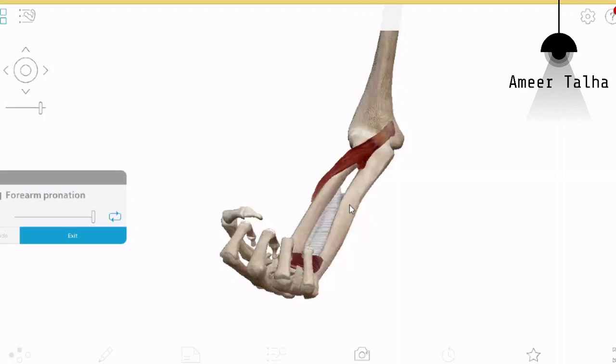And similarly, the ulna, which is the medial bone of the forearm, is homologous to the fibula of the leg, which is the lateral one. इसकी वजह जो इनकी positional change थी, that was the embryological rotation. Upper limb rotates 90 degrees laterally during embryonic life and the lower limbs rotate 90 degrees medially during development.